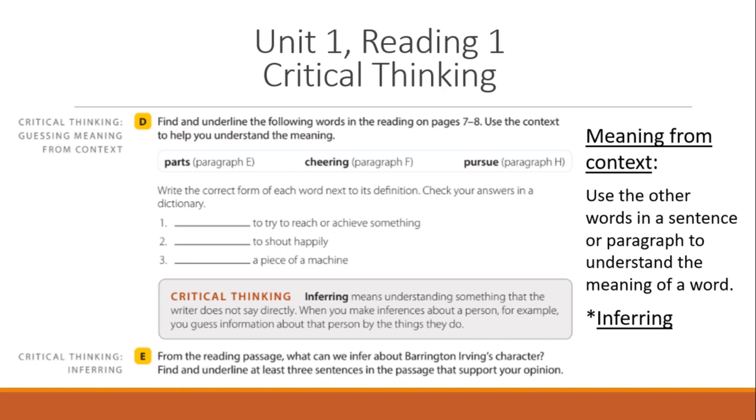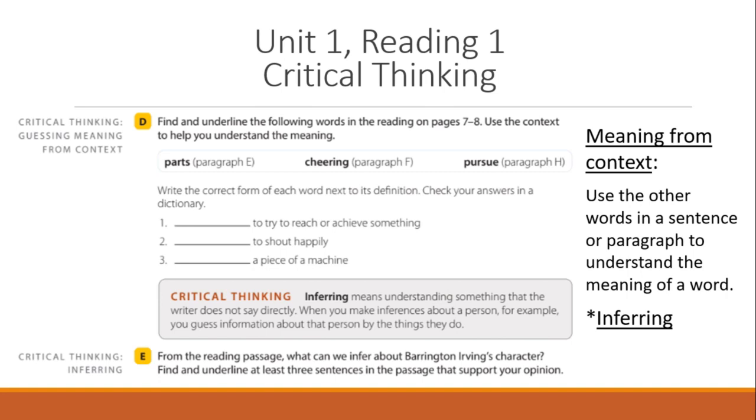Now, please notice here you need to write the correct form. An example of form would be, for the first one, we have the word parts. Different forms of that word would be part, singular, one part, or parts with an S. That means many, several parts. Those are 2 different forms.